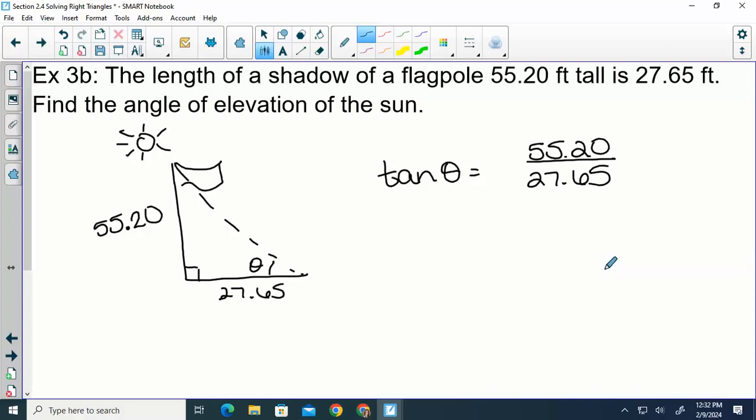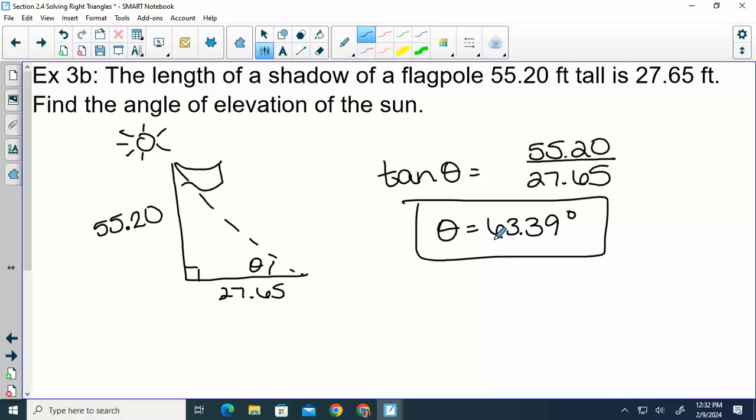So the second tangent. 5.2 divided by 27.65. And we want 4 significant digits, so 63.39.